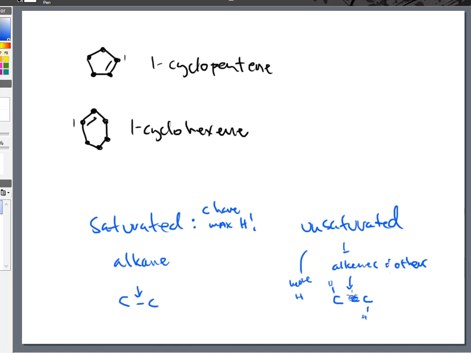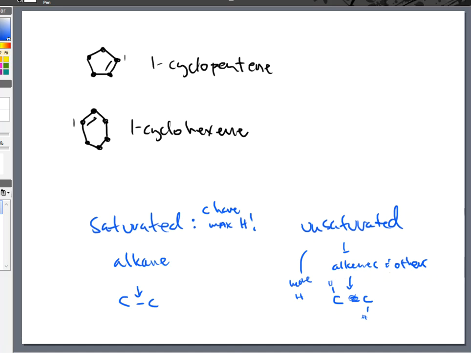So unsaturated is the family of alkenes, and saturated is the family of alkanes. It's one of the differences that really applies to your real life every single day that you eat something, look at a nutrition label, and so forth. And there are also other reasons that we talk about saturated and unsaturated in a lab environment.